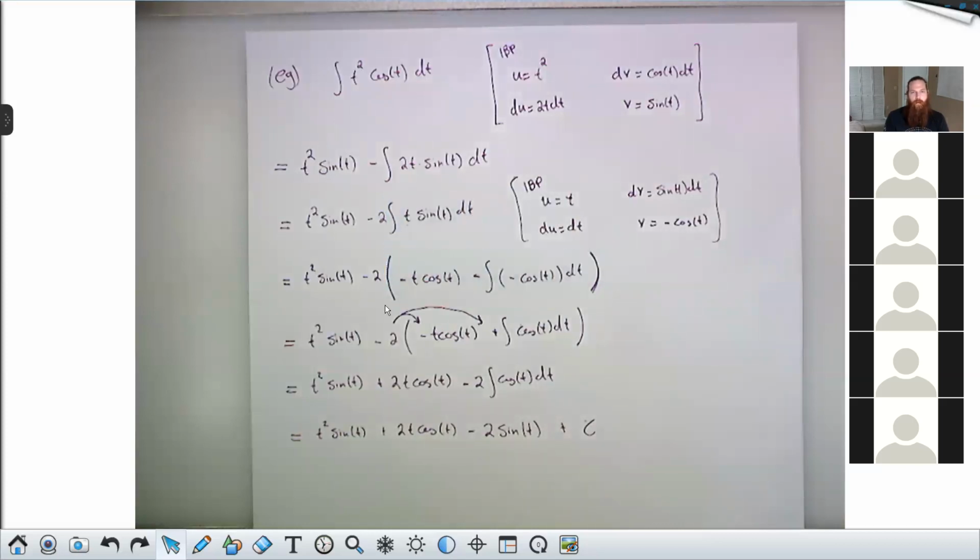So without these big parens, I'm in trouble. And then within those parens, we have a negative from the IBP formula. We have a negative coming from the antiderivative of sine. And you have a negative here, again coming from the antiderivative of sine and that formula. So you get all these negatives, and you've got to be careful with them.